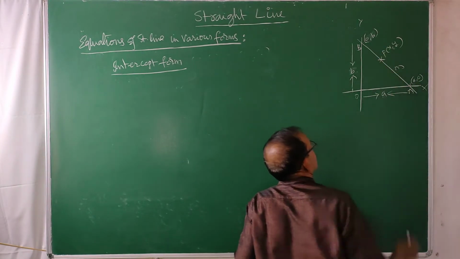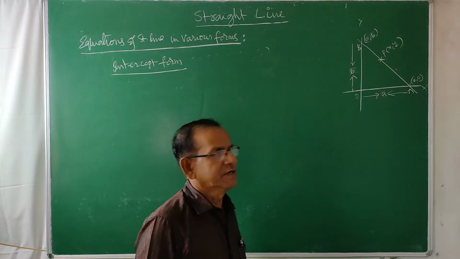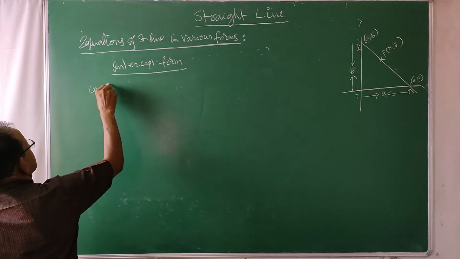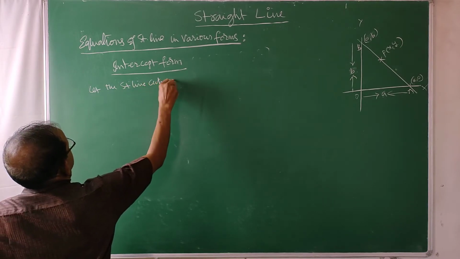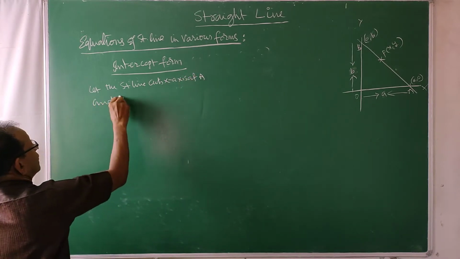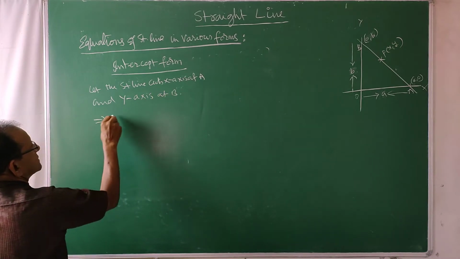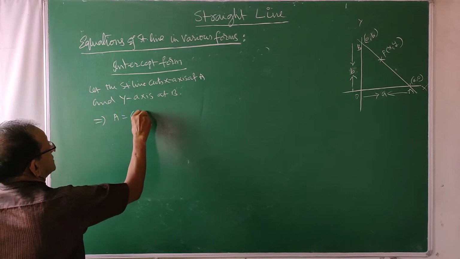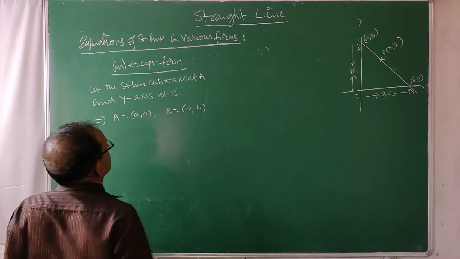Again you have to take a variable point on that line as P (x, y).